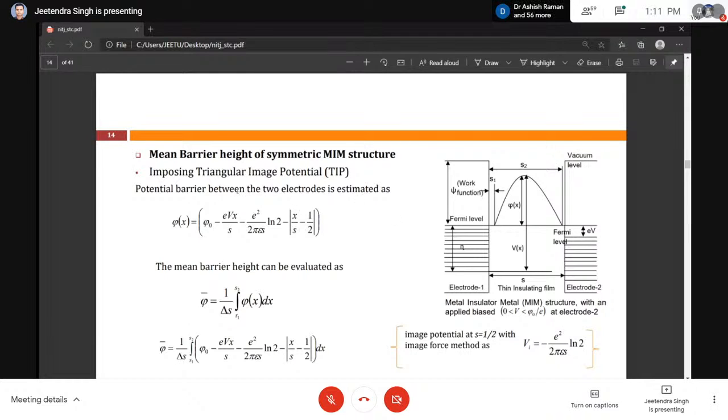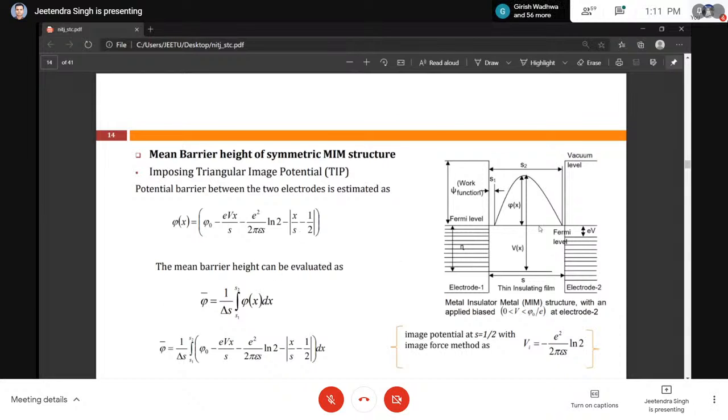So first we impose the rectangular image potential. This is the rectangular barrier, which is brought down by eV x by s by applying a voltage here, and this part is the triangular image potential.